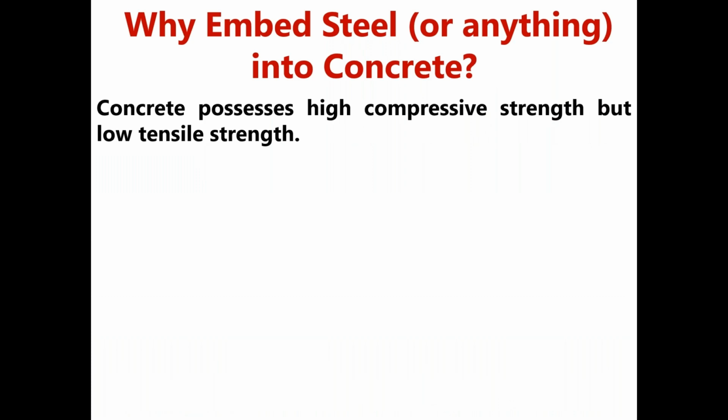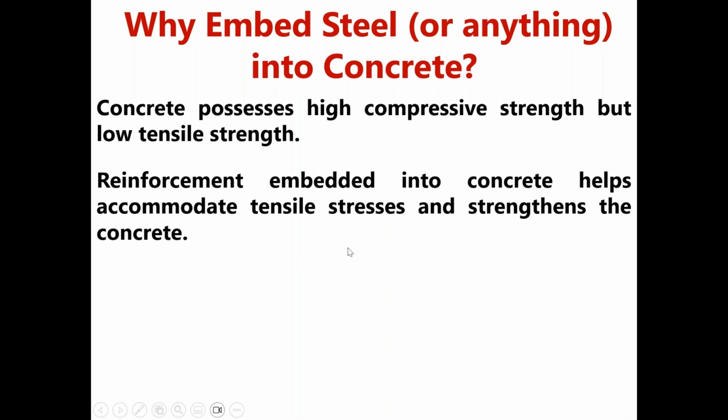So now the question is, why do we embed steel or anything else into concrete? What's the purpose of embedding objects into concrete? As you probably already know, concrete possesses really high compressive strength, but a relatively low tensile strength. So to combat that, reinforcement is embedded into the concrete, which helps accommodate that tensile stress and therefore strengthens the concrete.